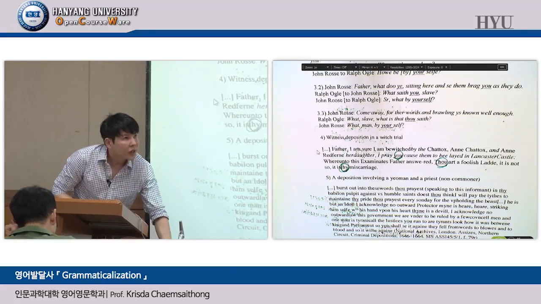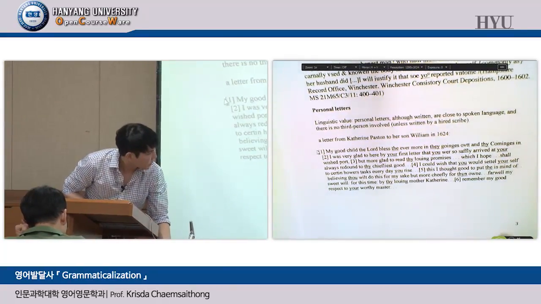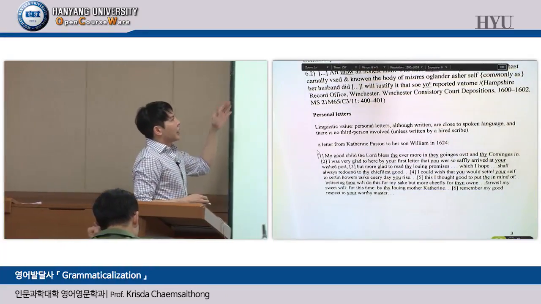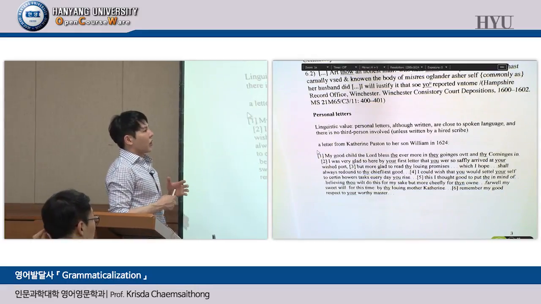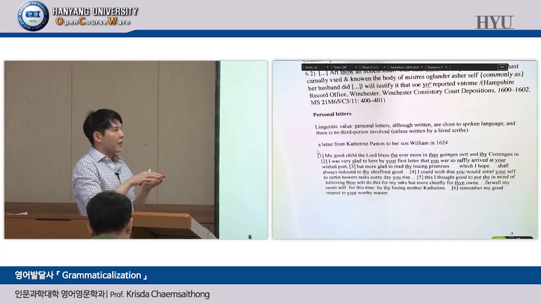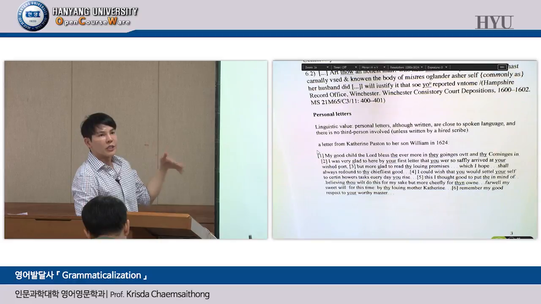And the last example that we'll look at is the example on page 3. This is the last one from page 3. From personal letters again. Of course, this is personal, so the context doesn't have to do with formality or informality, right? Because it's personal, so it's always informal, right?